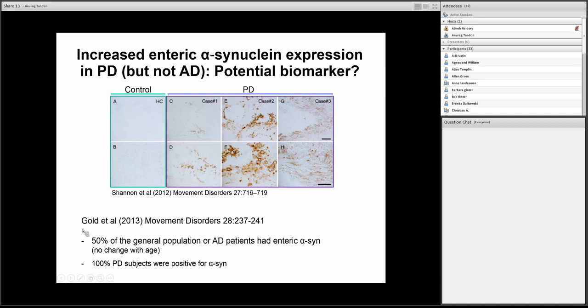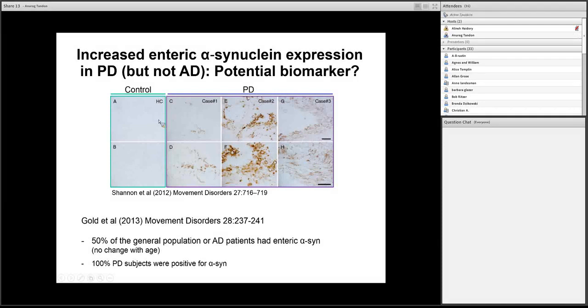Again, both of these studies had fairly small numbers of patients, and they really do have to be replicated in a broader study to understand whether this can be considered a real biomarker or some sort of signal to determine whether someone might be developing Parkinson's disease. It is a very exciting finding, but I think we're still at the early stages of trying to understand whether there are multiple types of pathologies.